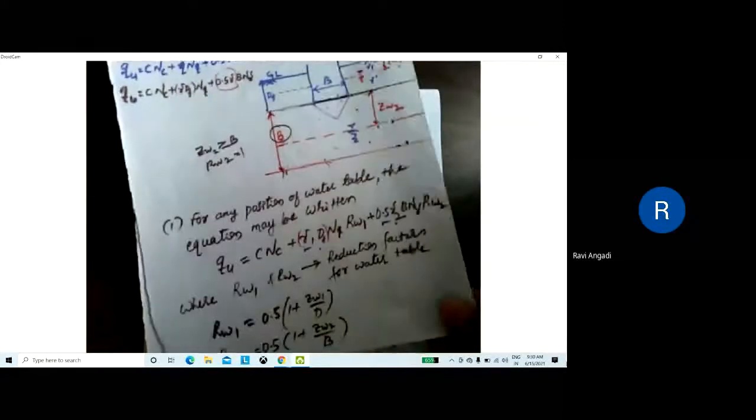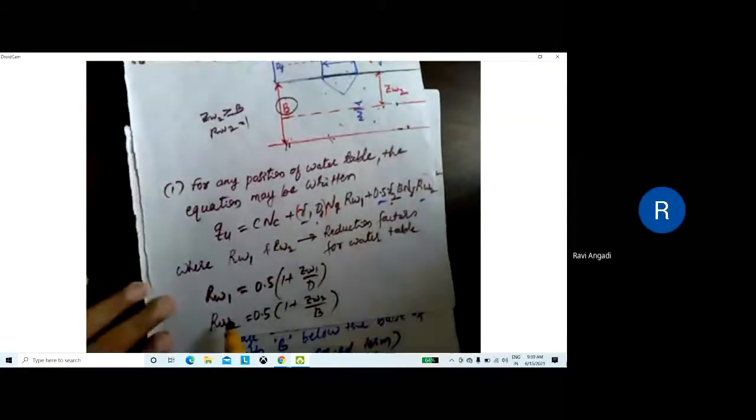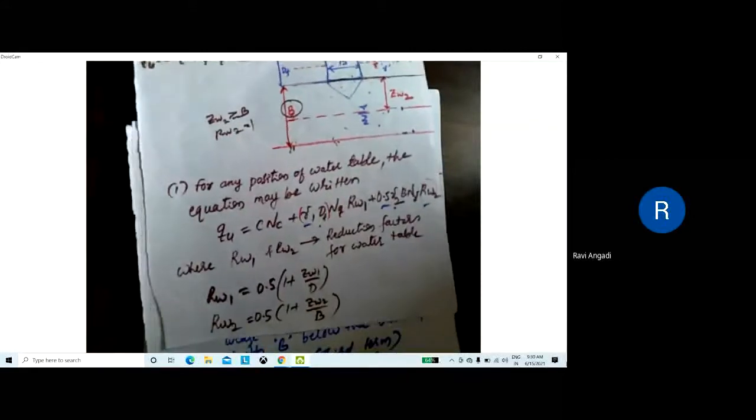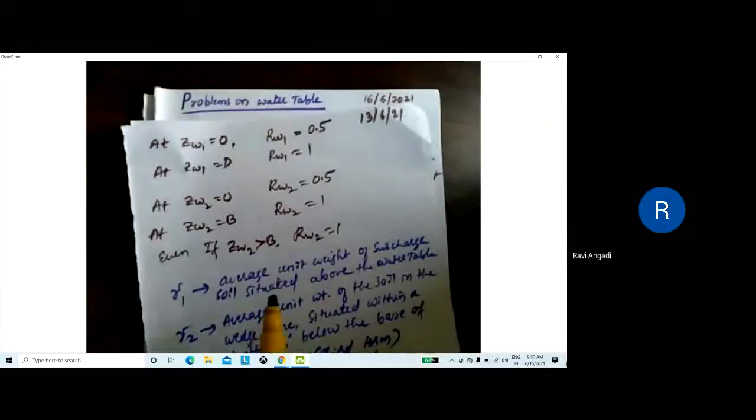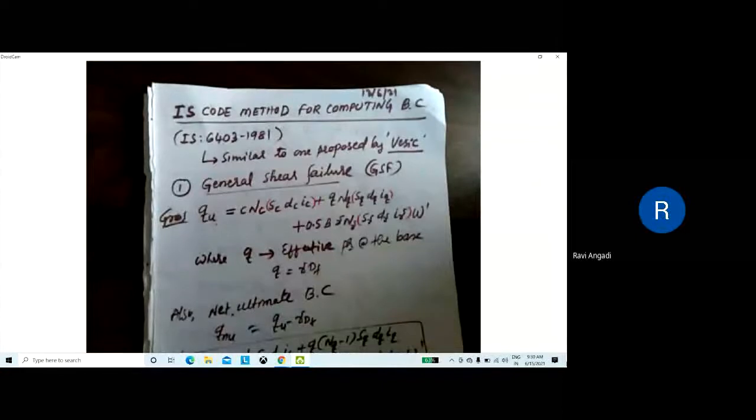We discussed this equation, where Rw1 and Rw2 are the reduction factors for water table, and also the position of water table, and for various positions how the equation changes, that is, the value of gamma, the unit weight of soil, changes from dry unit weight to submerged unit weight.